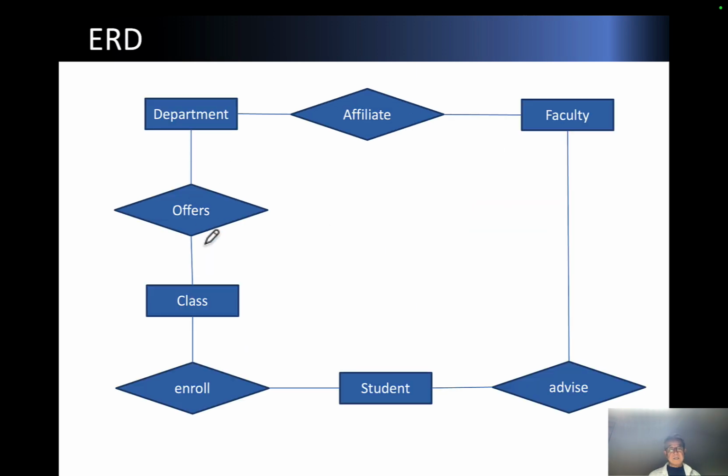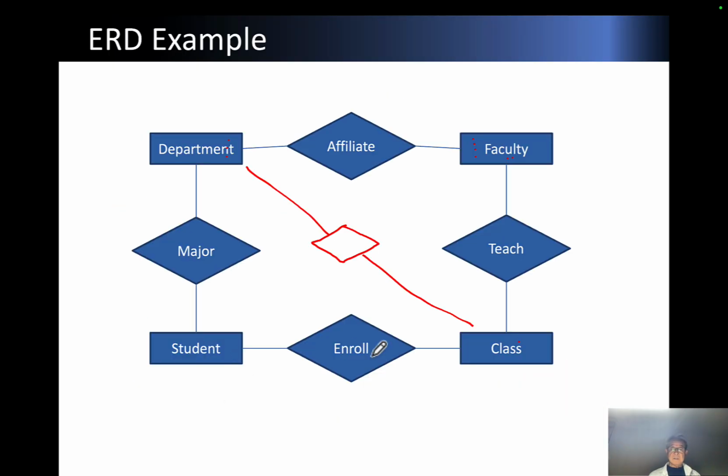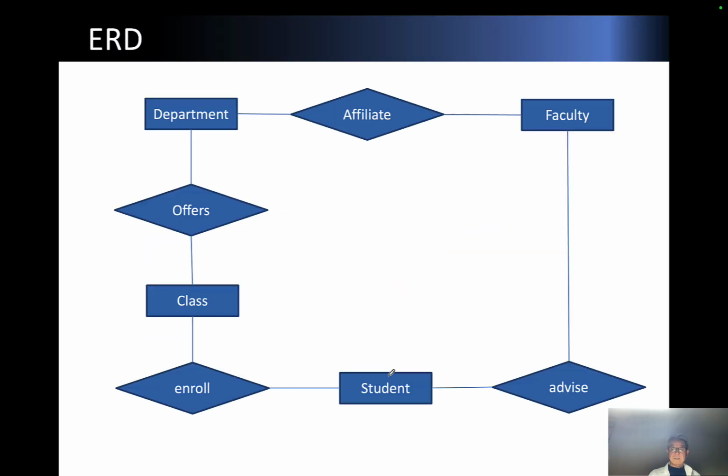So in this case, class and students enrolled appears here, students and class, right? That is the same. And then faculty and students, directly there is an advisement relationship.